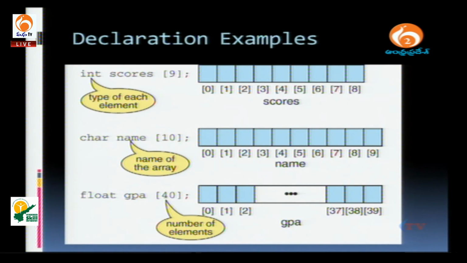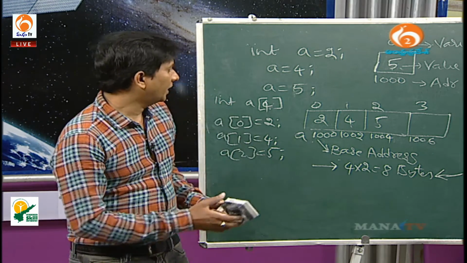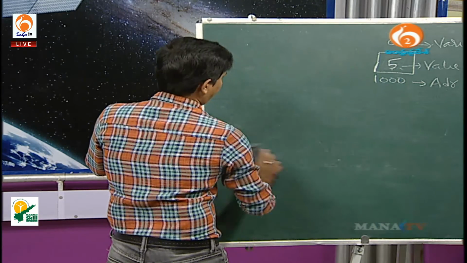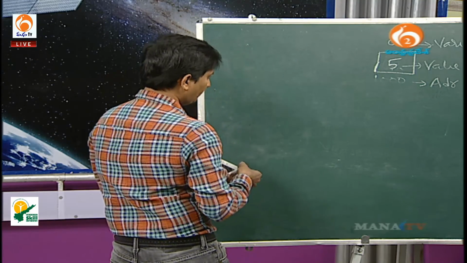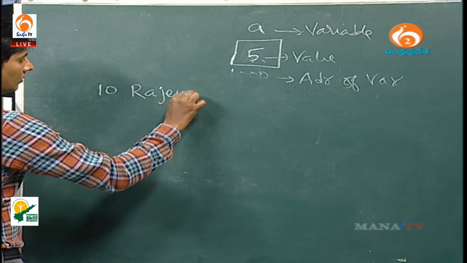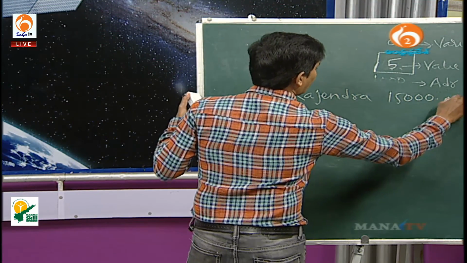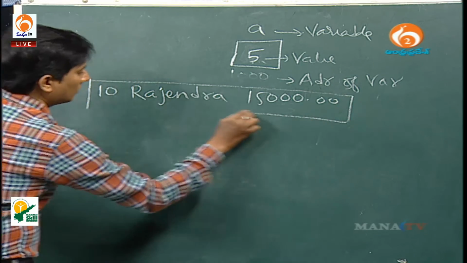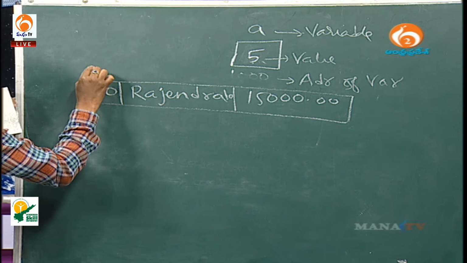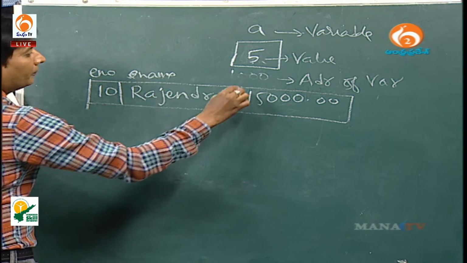And just now we have seen the definition of same data type. What does same data type mean? Just look here: employee number, employee name.